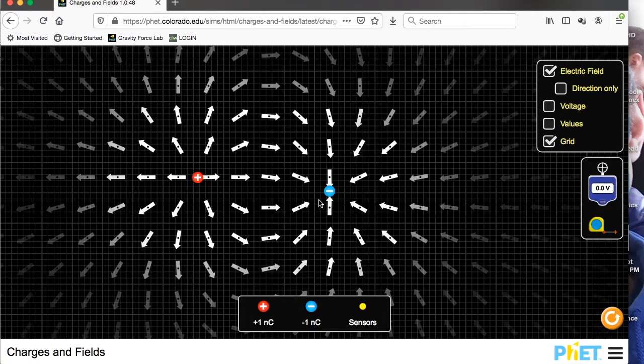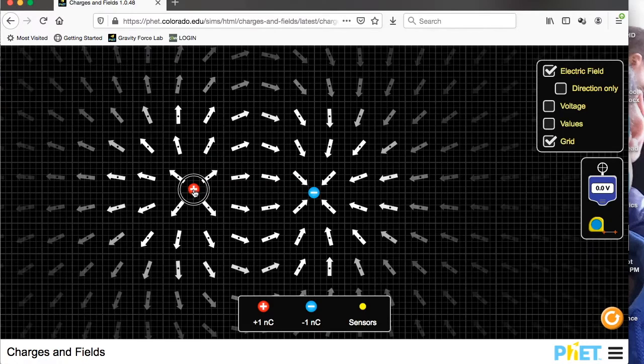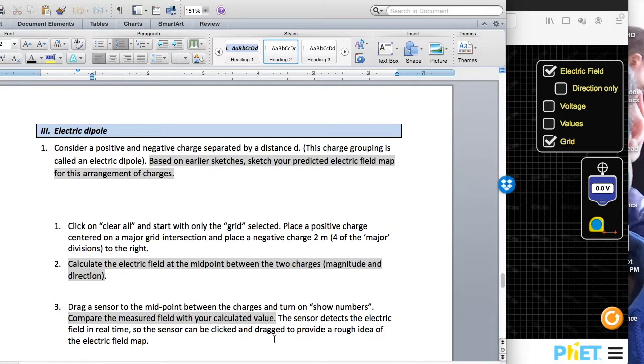Get my grid on there. There you go. Yeah, so we got it. We have a positive charge and a negative charge 2 meters away to the right.